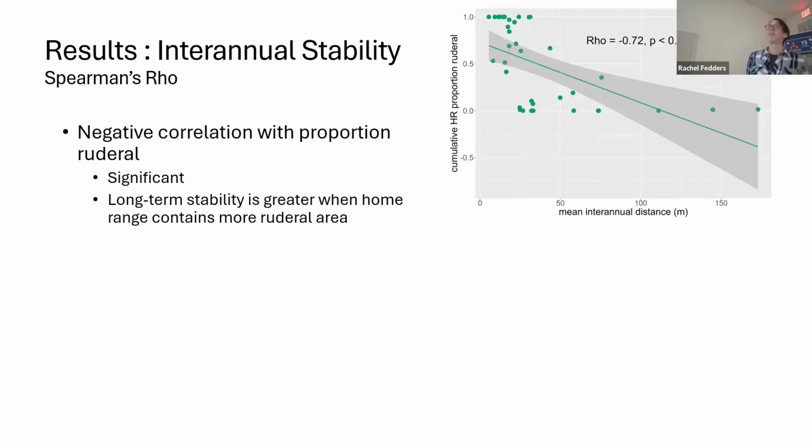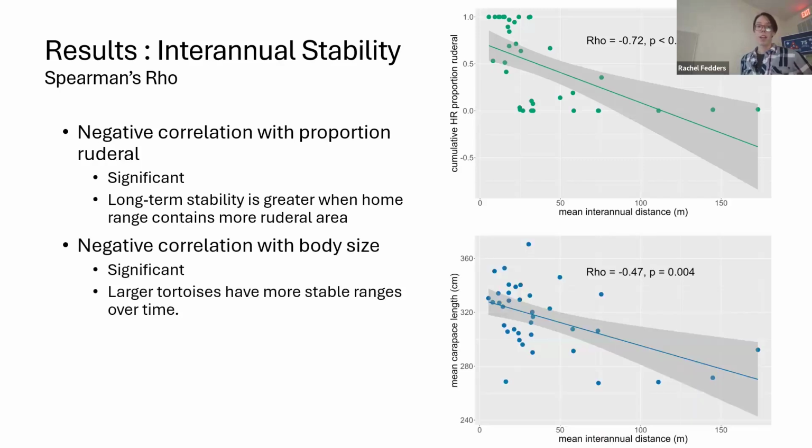Looking at the Spearman's rho results for interannual stability, there was a negative significant correlation between interannual distance on the x-axis and the cumulative proportion ruderal on the y-axis. And then there was also a significant negative correlation of mean interannual distance and body size.